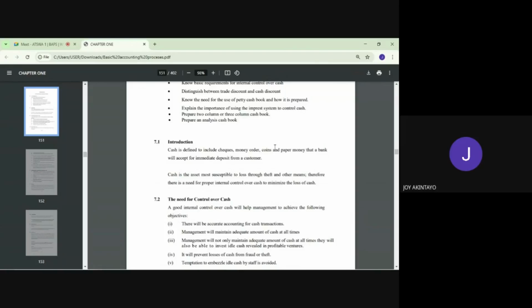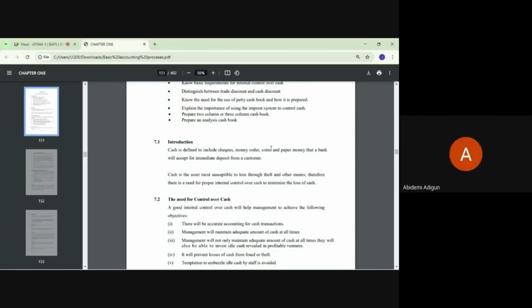Money orders, coins and paper money that a bank will accept for immediate deposit from a customer. Are we together? That's cash under this aspect.